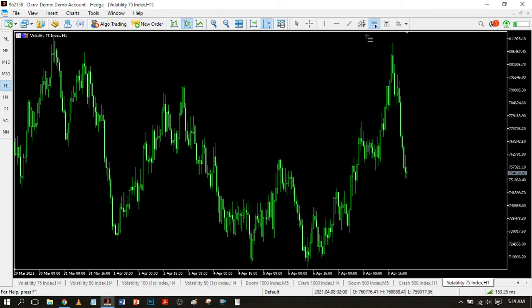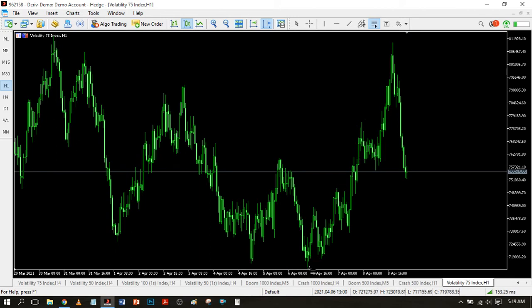So the first thing you want to do with your Fibonacci is simple. The Fibonacci is graduated from 0 to 100, and you want to pick the previous low. You want to pick the low of a trend and the high of a trend.